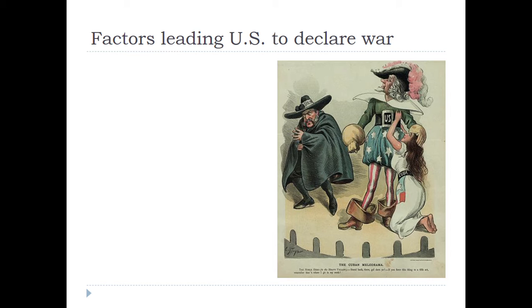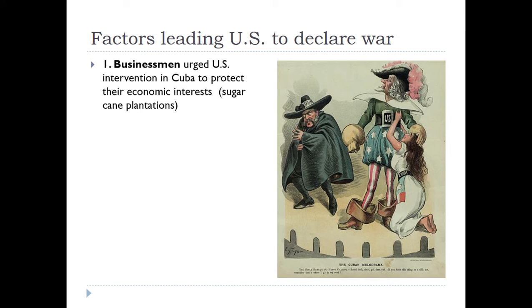So the first thing is American business interests. Businessmen had been investing in Cuba, another place where you could grow sugar, like Hawaii, for years and years. So they had a vested interest in what was going on there. The Cuban people, remember, for 400 years, were controlled by Spain.